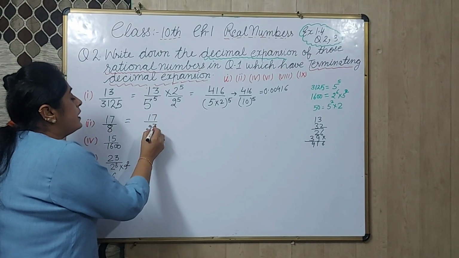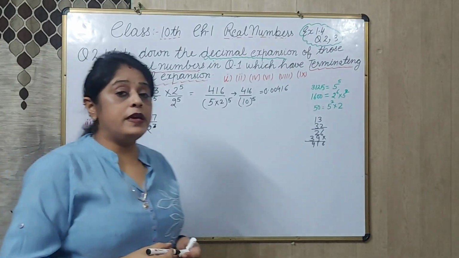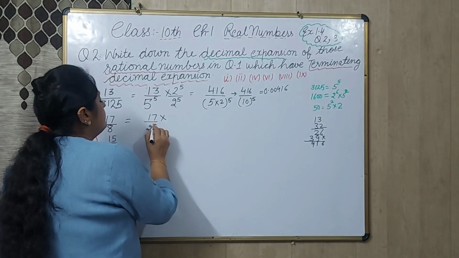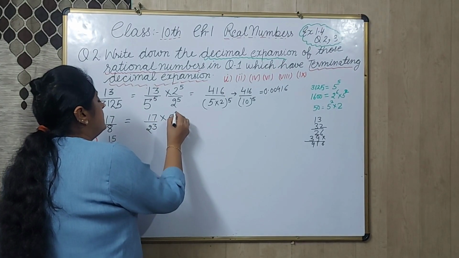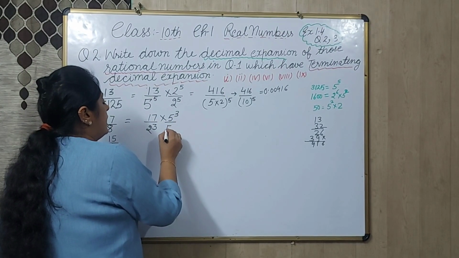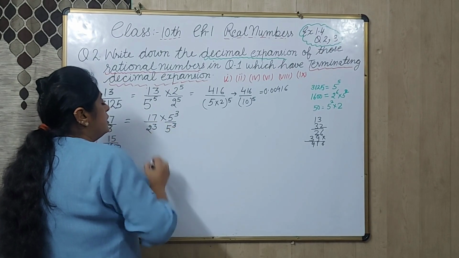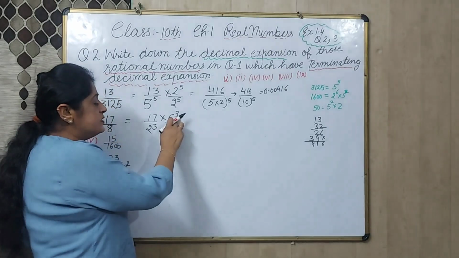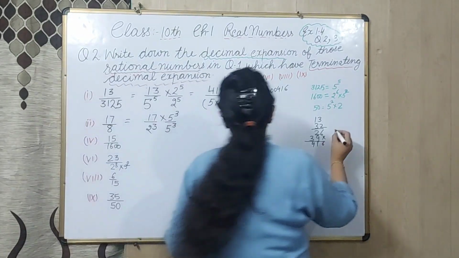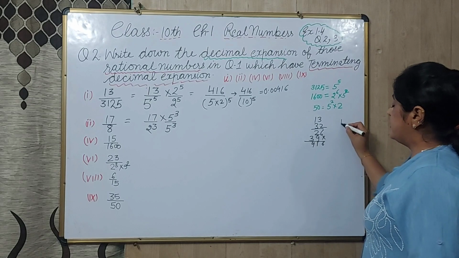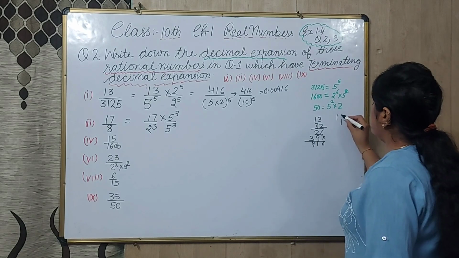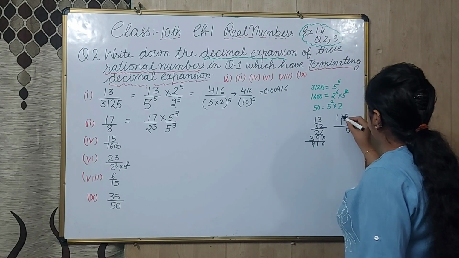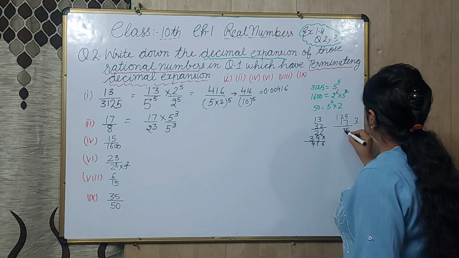Now we require 5 power 3 to make it 10 power 3, so we will multiply by 5 power 3 as numerator and 5 power 3 as denominator. Now 5 power 3 is 125, and you can multiply 17 by 125.